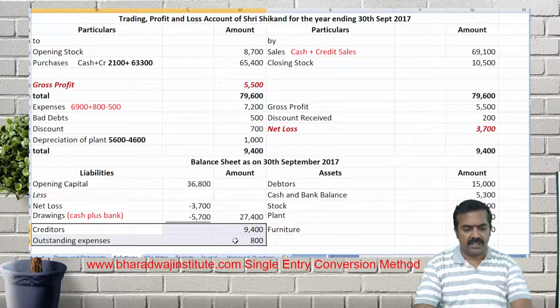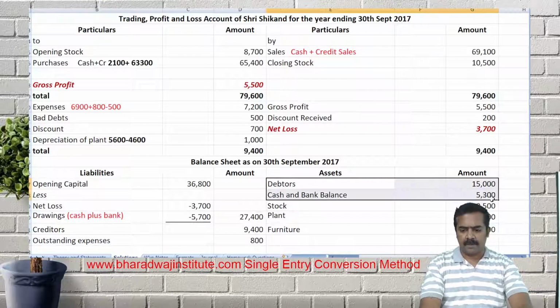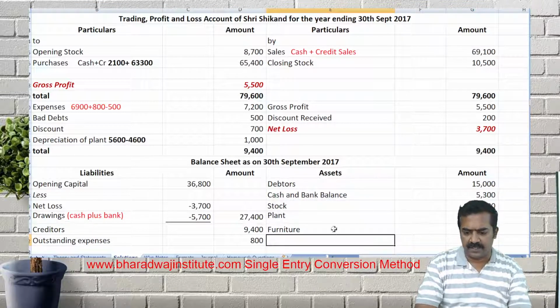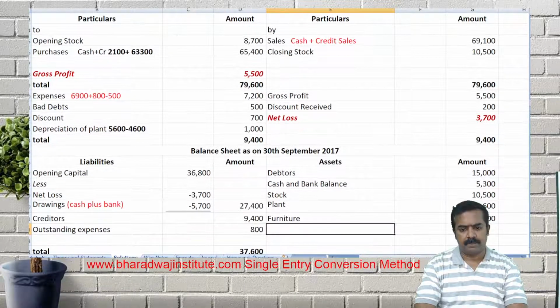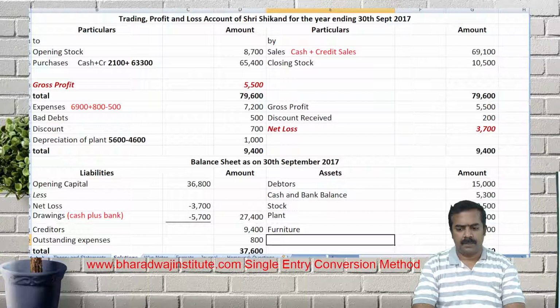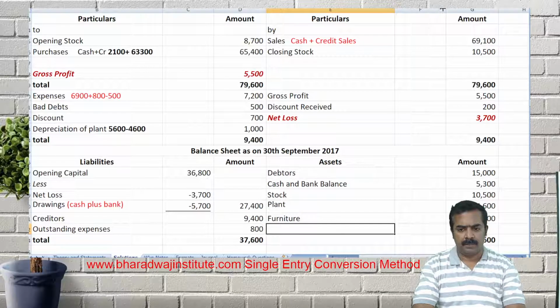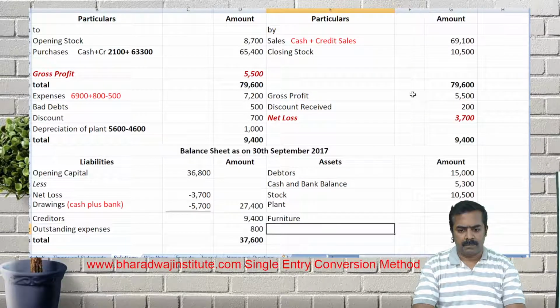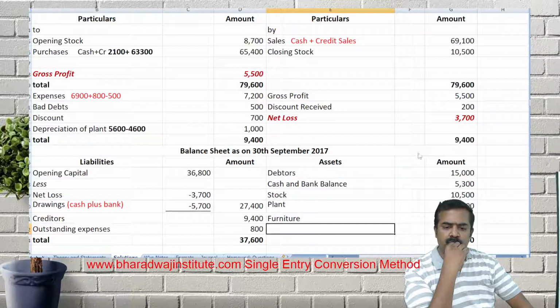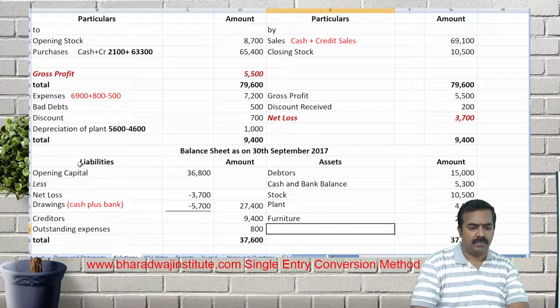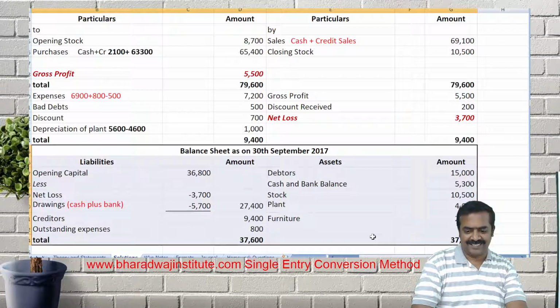Closing balance of creditors, outstanding expenses, all closing balances of assets. Capital minus. Definite.